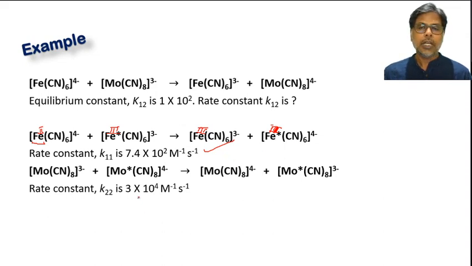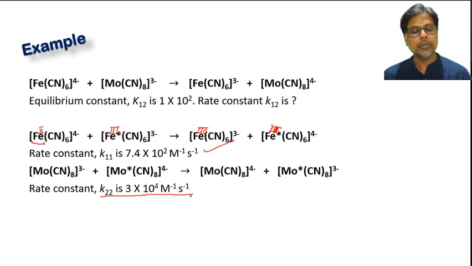And another self-exchange reaction is one in which molybdenum 5 is becoming molybdenum 4, and then 4 is becoming 5. The rate constant for this molybdenum couple is 3 into 10 to the power of 4 per mole per second.